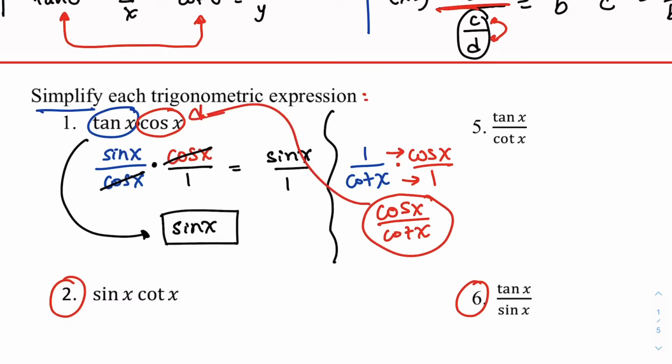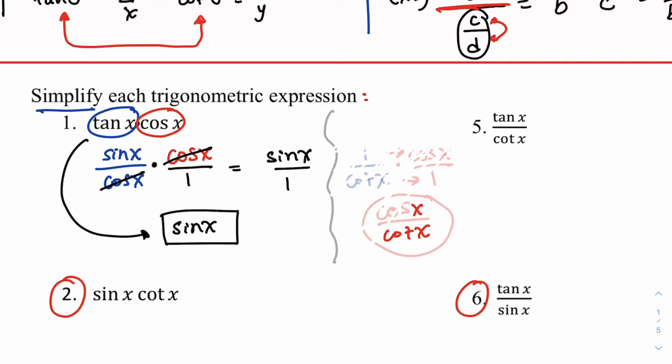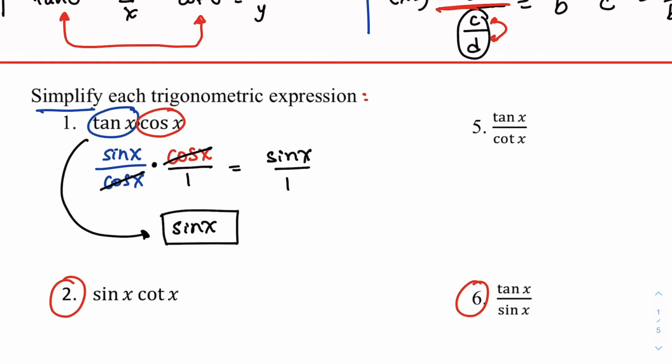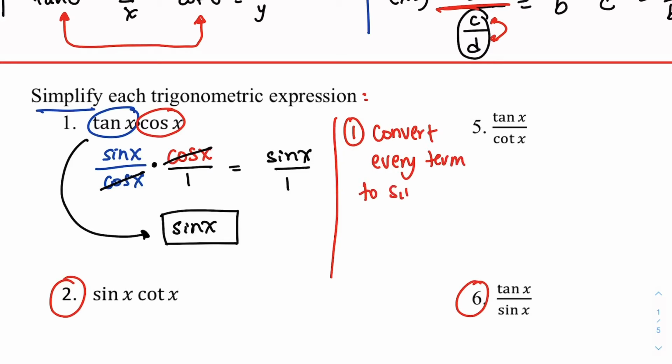So I'm going to give you the trick, or the key, to always simplifying successfully without wasting time. And here's the steps. Step 1, convert every term to sine and cosine. And that's what I did.